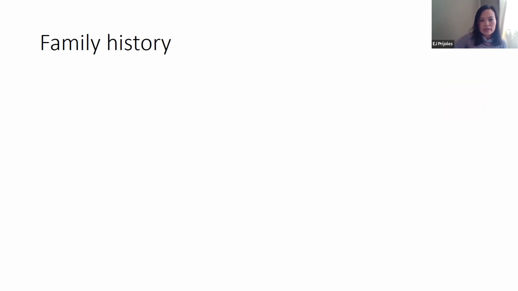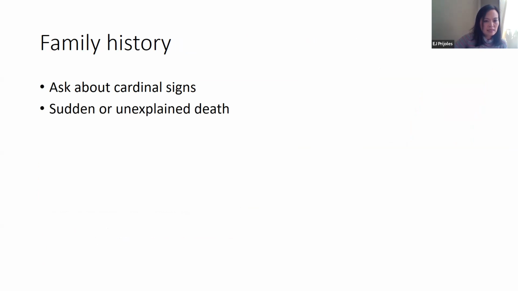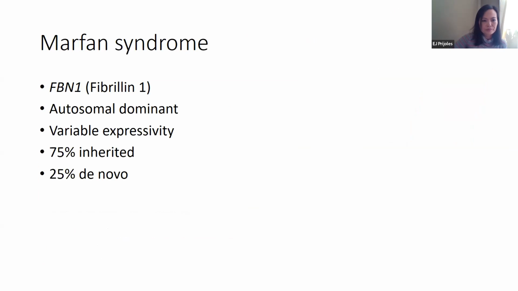All right. And then with consideration for Marfan syndrome, getting a good family history is important, asking about cardinal signs and any individual with sudden or unexplained death. Marfan syndrome is caused by a pathogenic change in the FBN1 gene, or fibrillin-1 gene, autosomal dominant with variable expressivity.